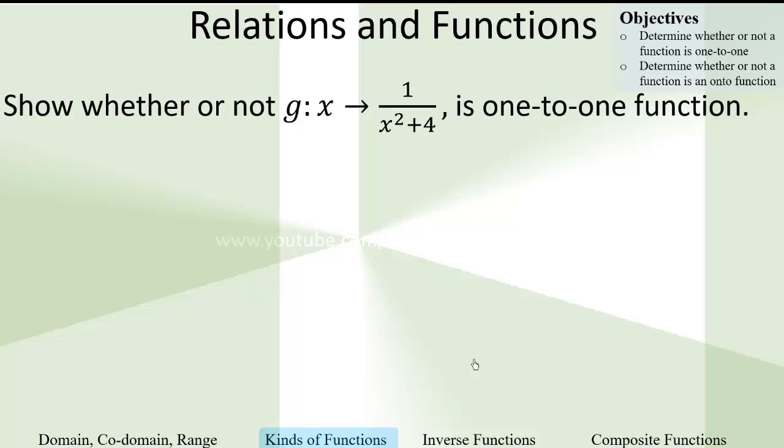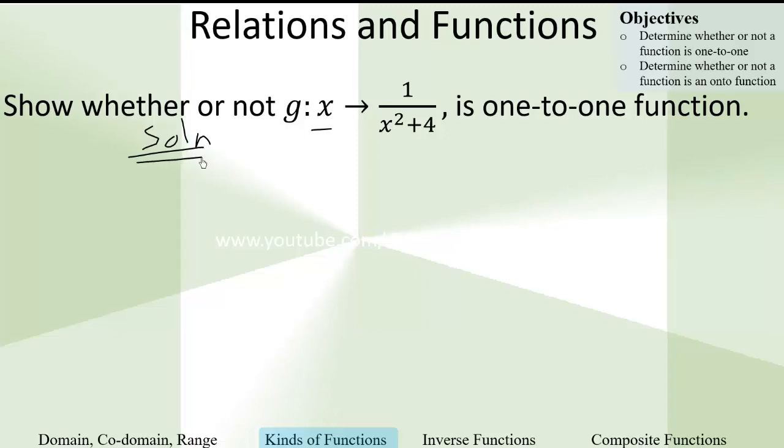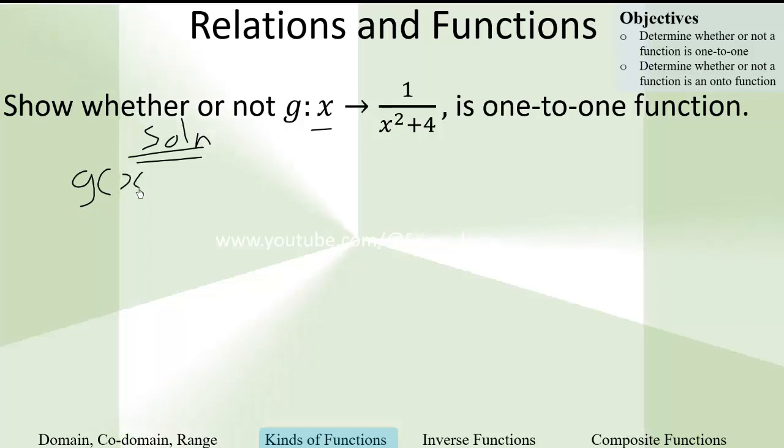We have another example here. g is such that x maps onto 1 over x squared plus 4. So let's see whether it is one-to-one or not. So if it is one-to-one, then g of x should be equal to g of y.